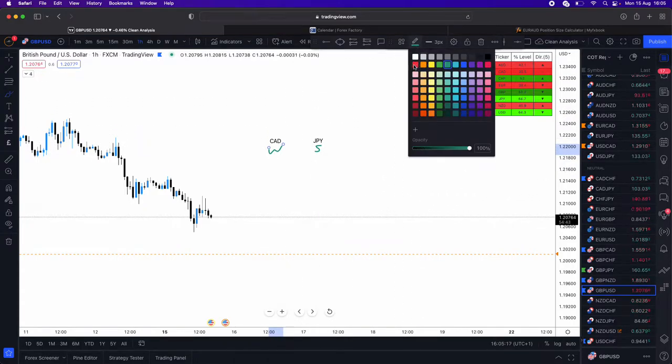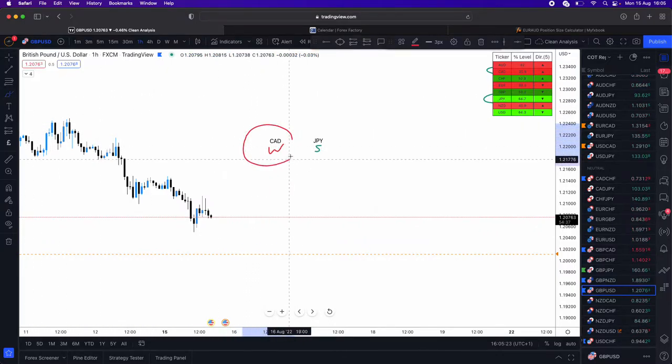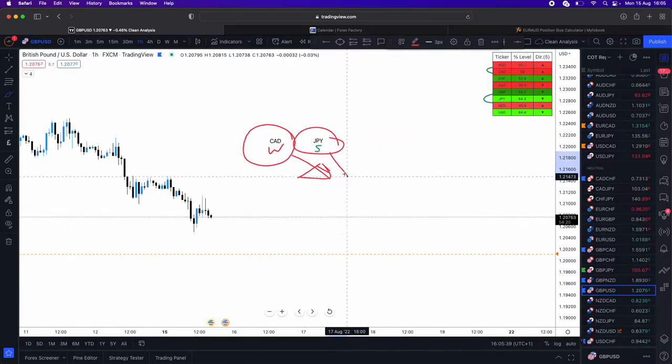So what does that mean in this pair? Well, whatever comes first in the pair determines which direction price is going to go in. So this is the weakest, which means the CAD JPY should be going down because the CAD is getting weaker, and because CAD's getting weaker and JPY is getting stronger, that's going to push price lower.